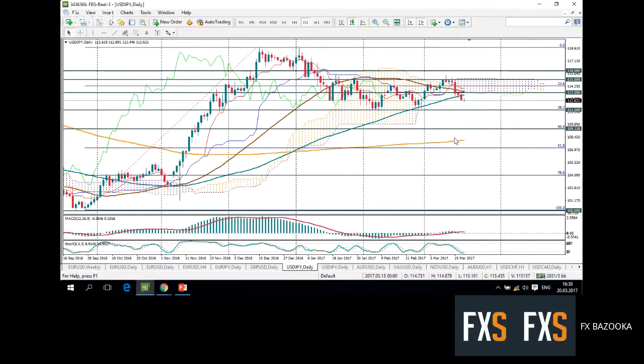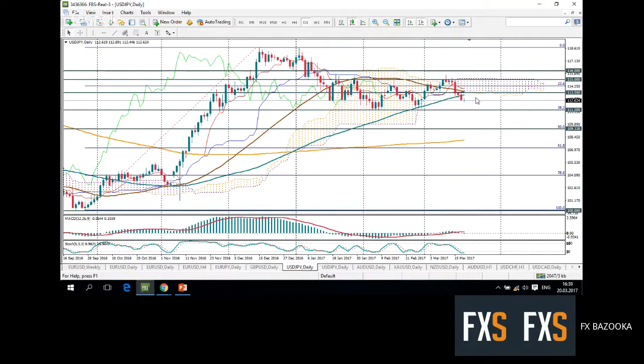111.50. So we can see here in the daily chart that there is significant resistance of the former support at 113.50. Here we have the Ichimoku cloud and the 50-day moving average, as well as the previous lows of the start of March.